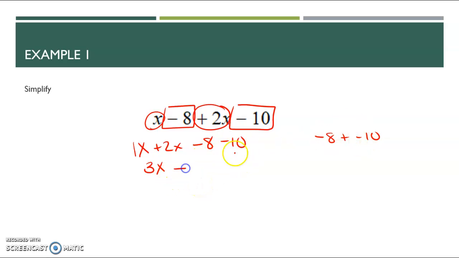So we know it's going to be negative, and then 8 plus 10 is 18. And so that is our answer. And we have now simplified. We've gone from 4 terms down to 2 terms. So that's what it means to simplify. We have made it less complex.